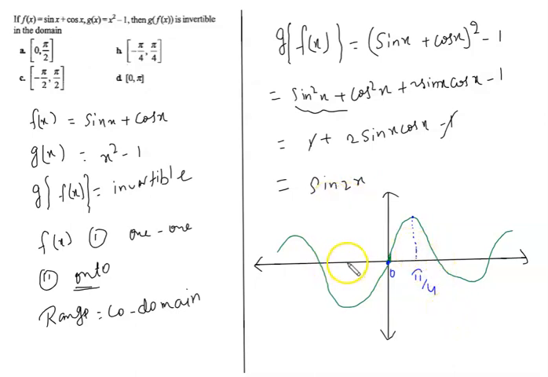Similarly, we get the value minus 1 at minus pi by 4. So here it is minus 1, and here it is plus 1.